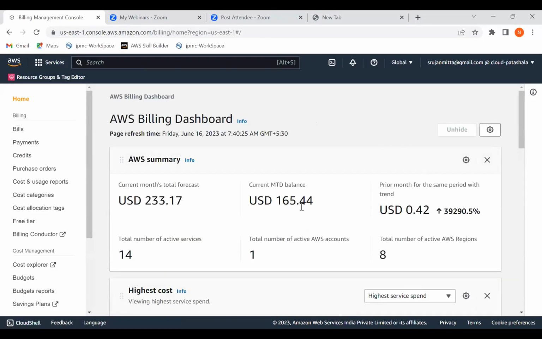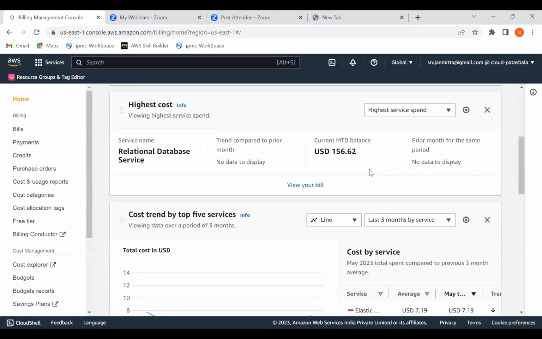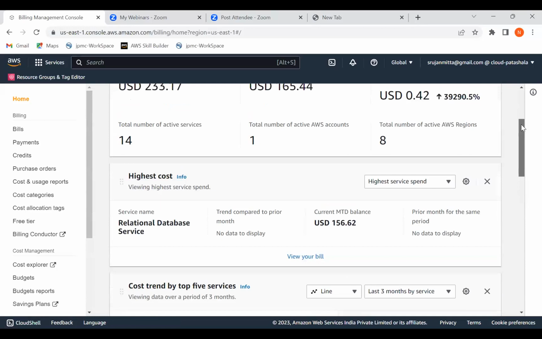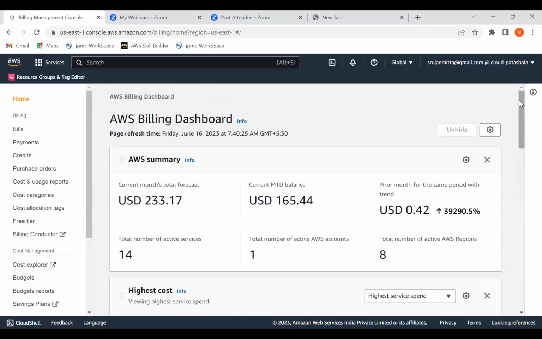See, like we got 165 or 235 currently forecasting. So you have to pay this payment, so be careful about it. For the 1 year it will be free, but not all the services will be free, only limited services. After that 1 year, you have to pay for every single service you opt for.